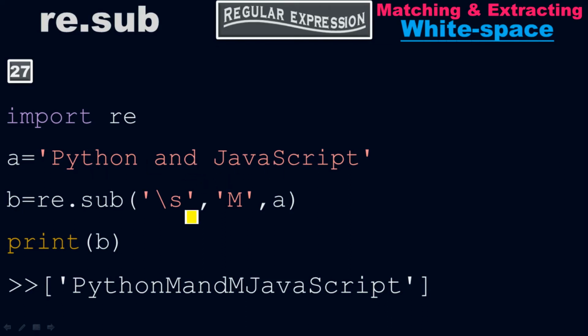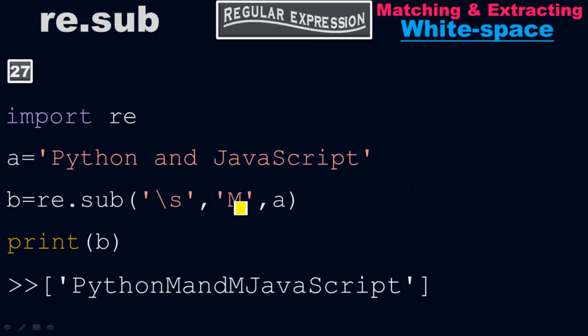We are dealing with the white spaces here, only white spaces, because this regular expression clearly mentions to match the white space in a. When you use the substitution function, this m will be placed at the place of white space. My first white space is between Python and and, so this m will be here between Python and and. The second white space is between and and JavaScript, so the second m will be here between and and JavaScript.